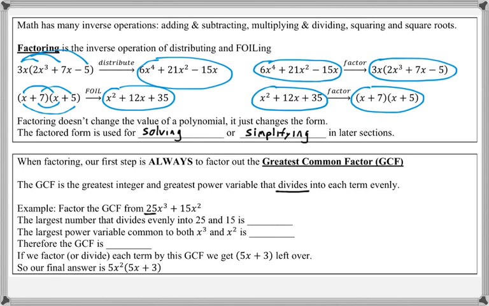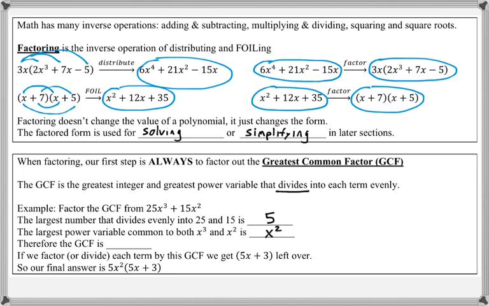So I'm looking at my two terms, and I'm going to first look at the regular numbers, 25 and 15. The largest number that divides evenly into both of those is 5. Now I want to look at the variable part of my two terms, and that would be the x's. The largest power variable common to both x cubed and x squared is actually x squared.